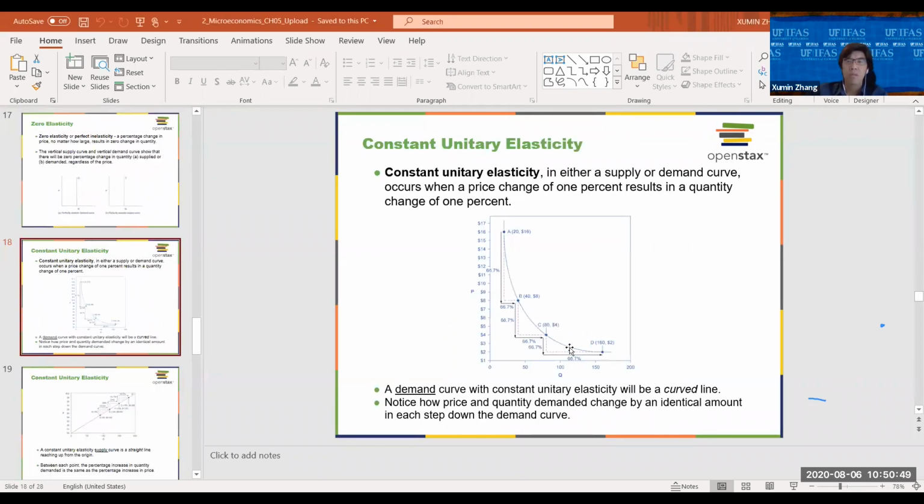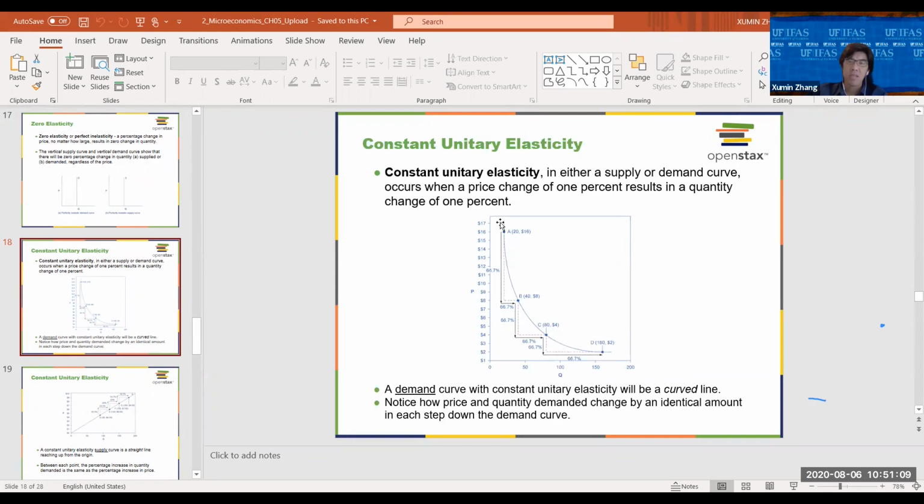When we talk about unitary elasticity, for example along this demand line, the elasticity is equal to 1 everywhere. So the percentage change of quantity is equal to the percentage change of price.